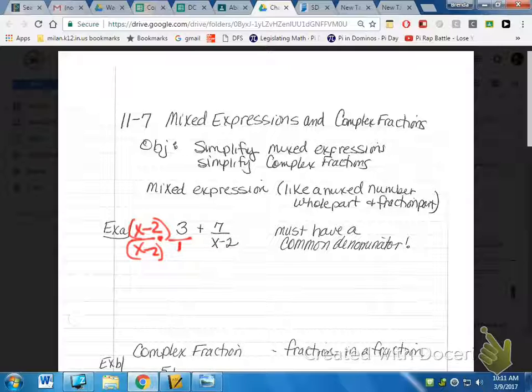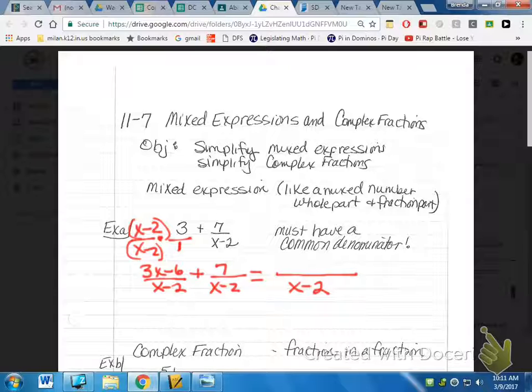Okay, so by doing that, I'm going to have 3x minus 6, because you distribute. The denominator is x minus 2, no surprise there. And then you just write the second part, that fractional part, you just repeat that. They now have a common denominator, so you go ahead and write that common denominator.